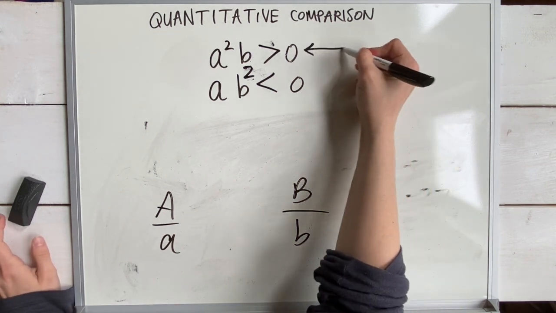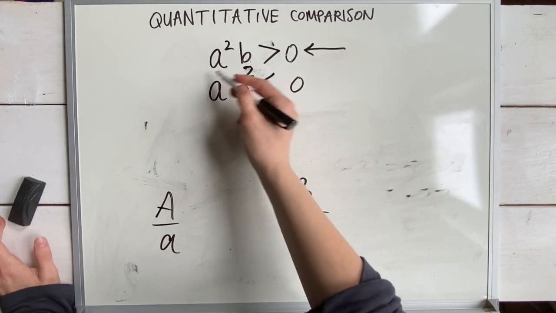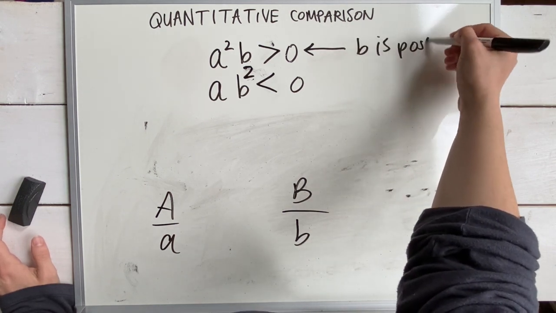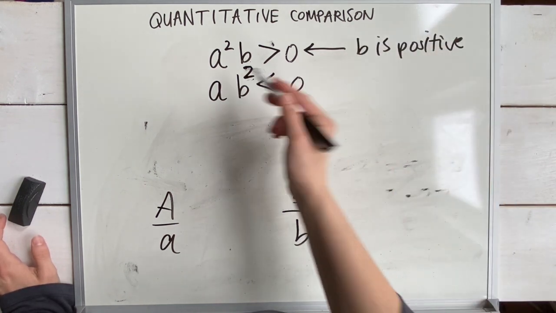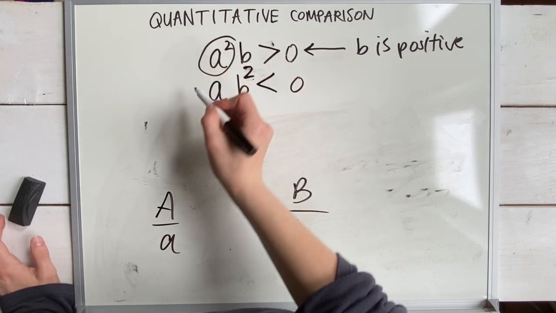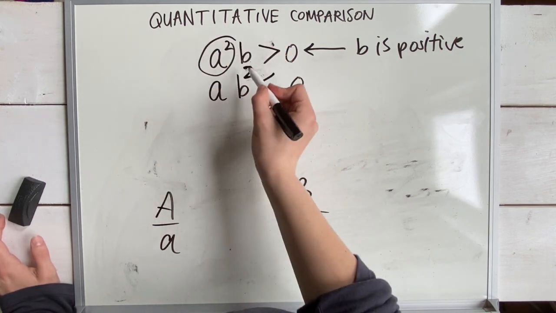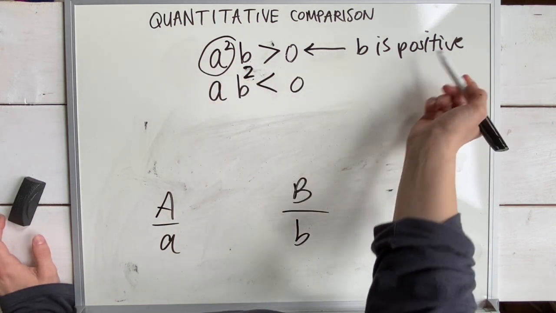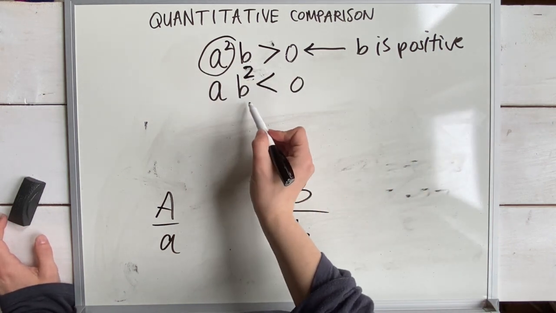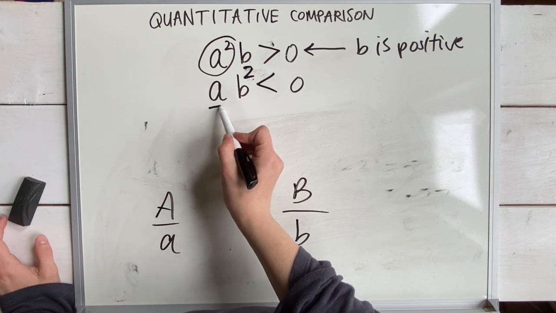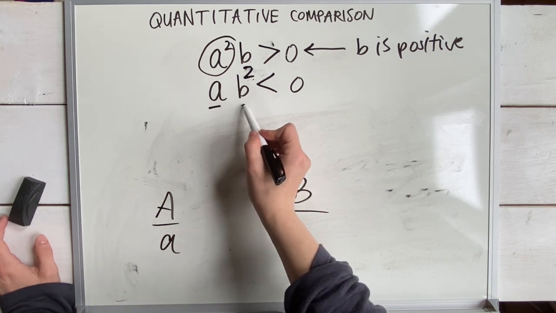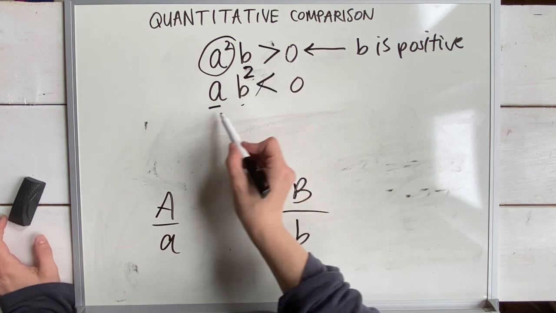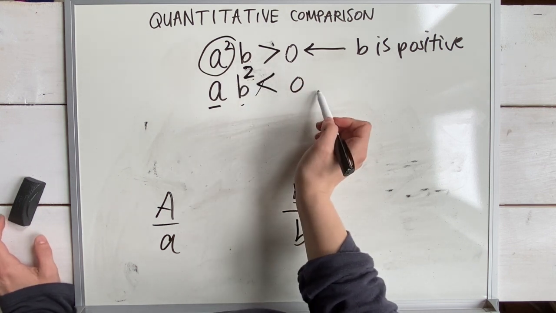So this A squared times B tells us that B must be positive, because in order to get a positive number, we already talked about how A squared is positive. So a positive times a positive gets us a positive number. B must be positive. Now when we come down here, now that A is no longer squared, but we have a squared number again for B, so this B squared situation is positive, but now we get a negative answer.